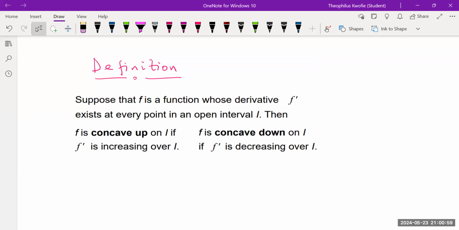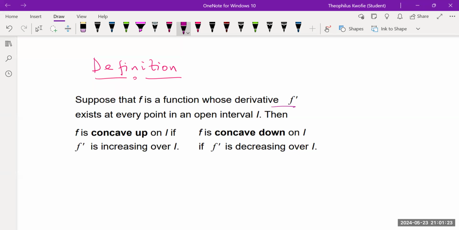So suppose that f is a function whose derivative, which we denote as f prime, exists at every point in an open interval.